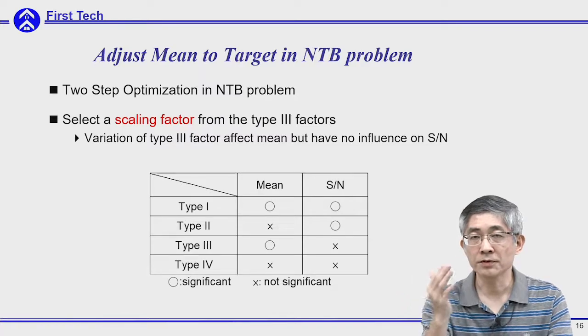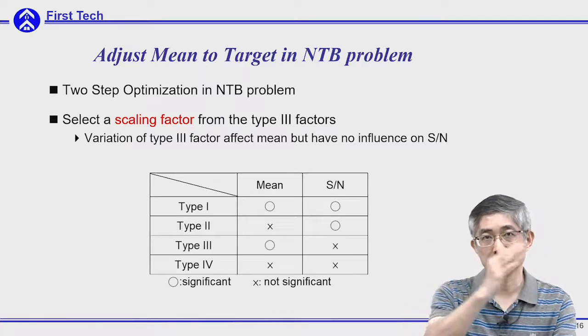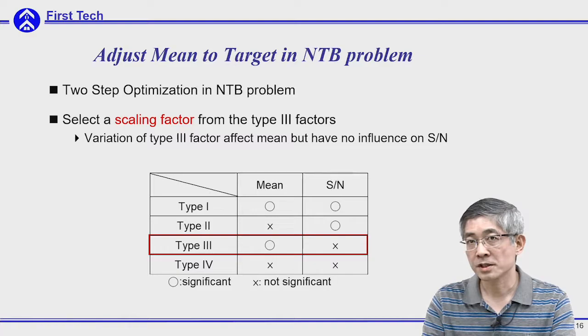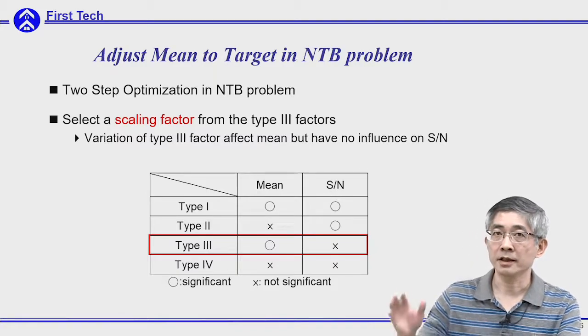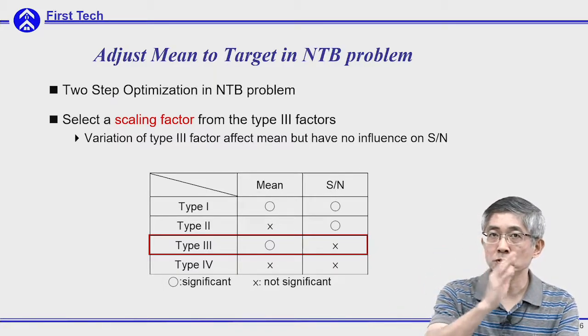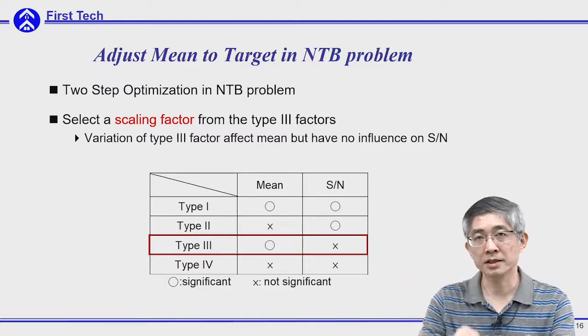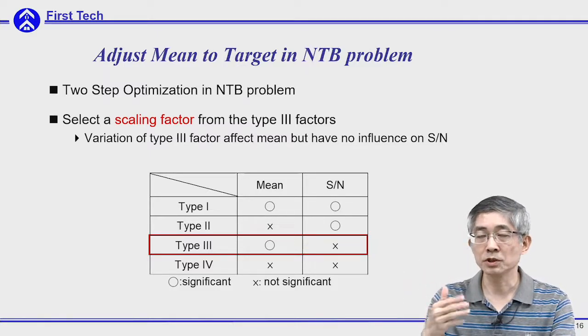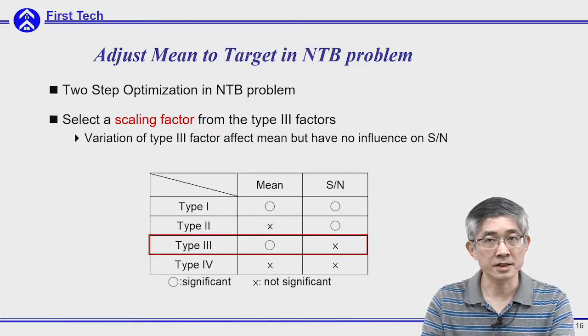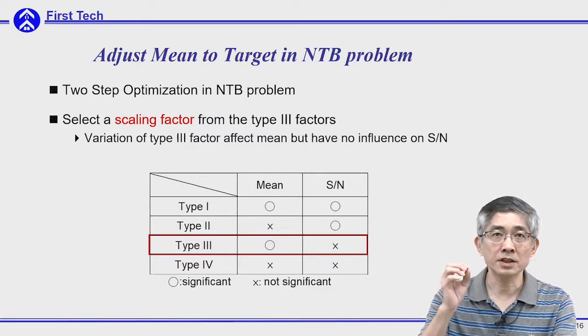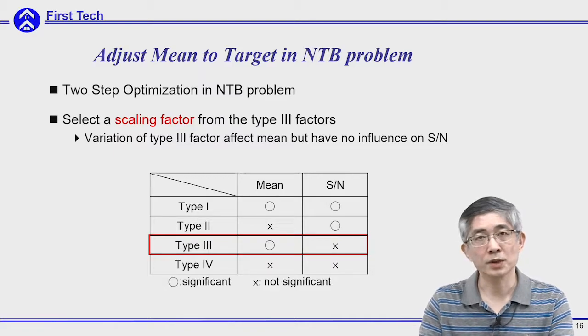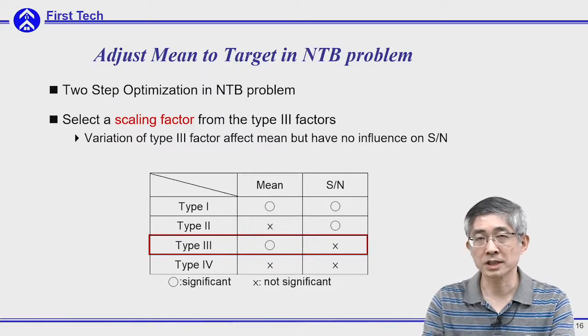However, the mean output will shift. So that is the reason why we should select a scaling factor from the type 3 control factors and then use that scaling factor to move our average output to target. During the adjustment, we don't need to worry about the SN since type 3 factors have no or very small influence on SN. So we can maintain our achievement in SN when we adjust the mean output.